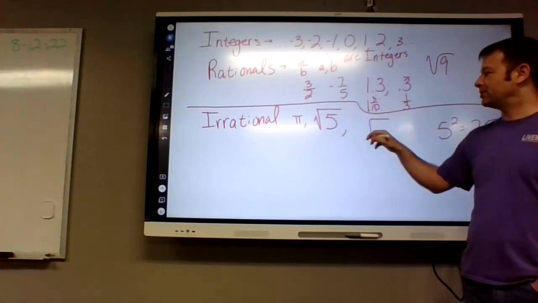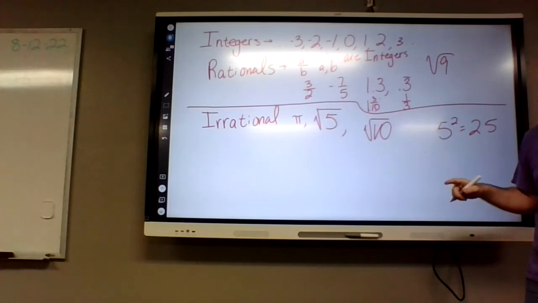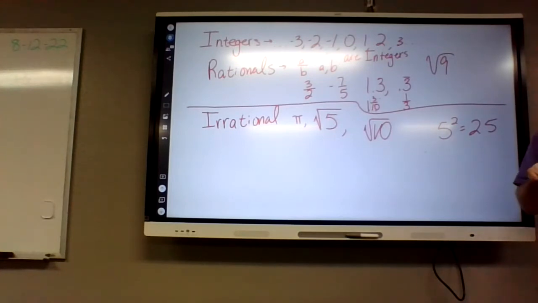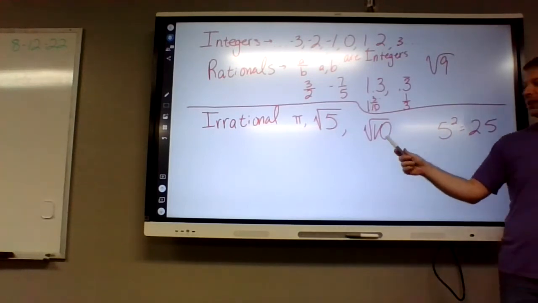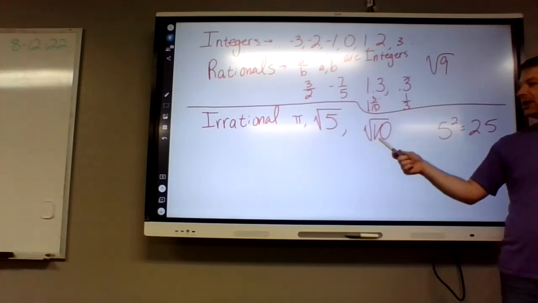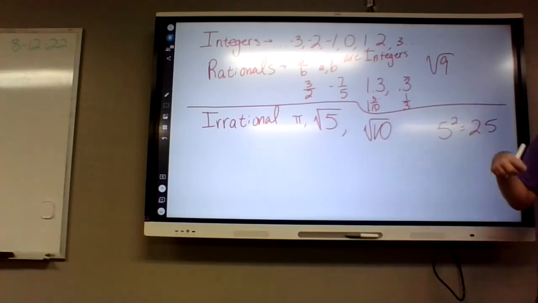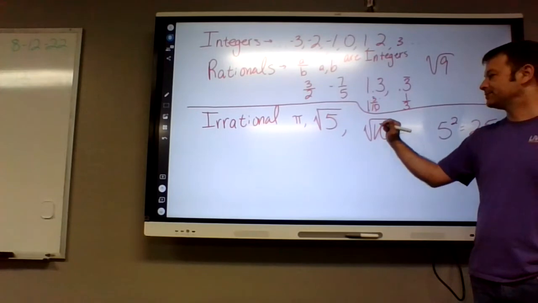Where should that go? What times itself equals 10? 3 times 3 is 9. It's not 5 times 5, right? So this is probably about 3.1, 3.2. 4 times 4 is 16. So it's actually irrational too. Just because it can be divided by 2 doesn't mean it has a square root. Different things.